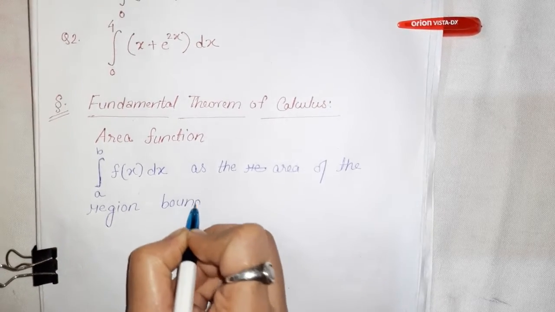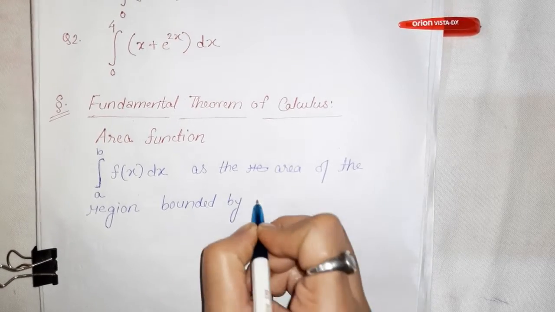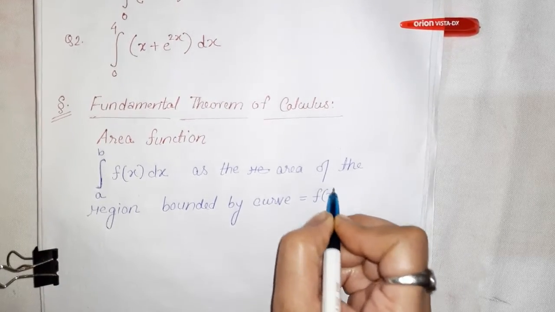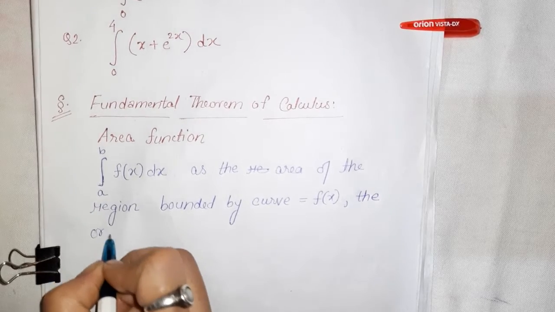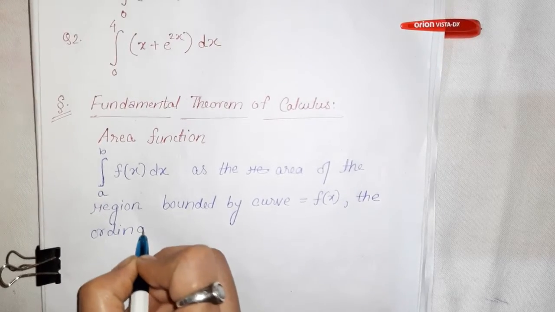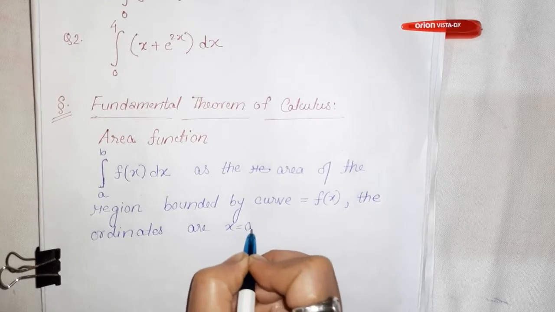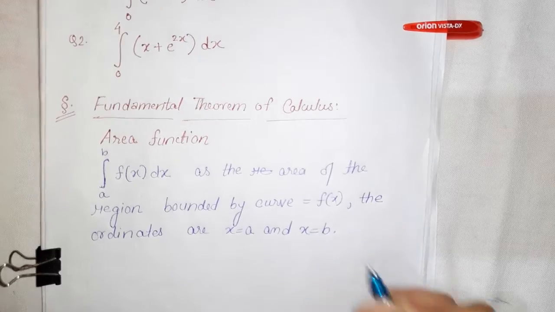the area of the region bounded by the curve f of x, and the ordinates x equals a and x equals b.